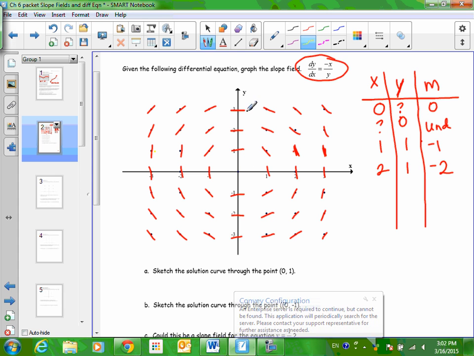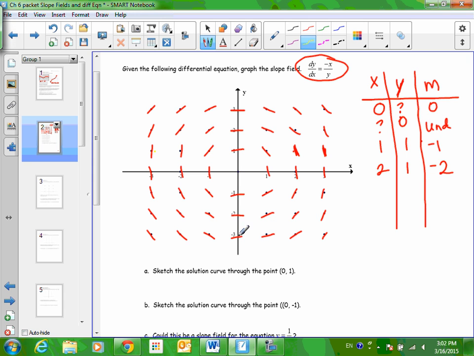Okay, as you went further away from the middle up and down, it actually got flatter because the y value was getting bigger. You don't have to recognize these patterns. But if you do, it will make you more efficient at this. Okay? You could, though, for all purposes, just do an XYM chart for every single point on the whole grid. That would work.